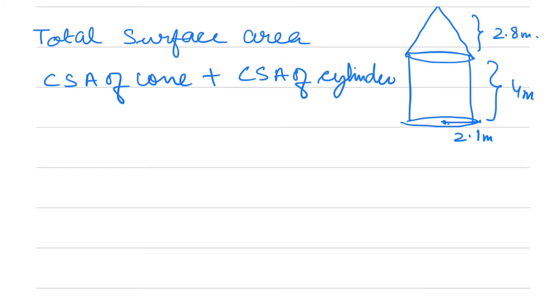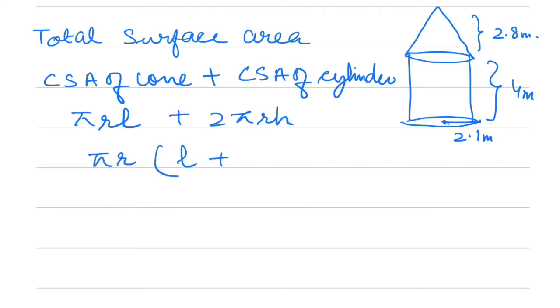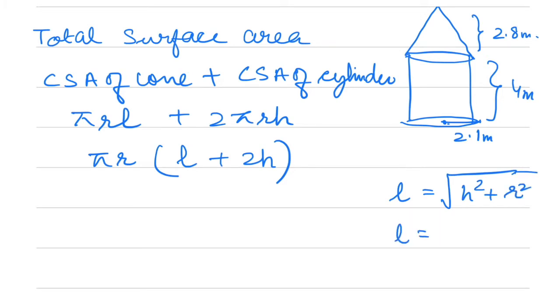So this will be equal to pi r L plus 2 pi r h. So I can take pi r common, L plus 2h here. Now let's substitute the values, and L I can calculate separately also. L will be equal to square root of h square plus r square.